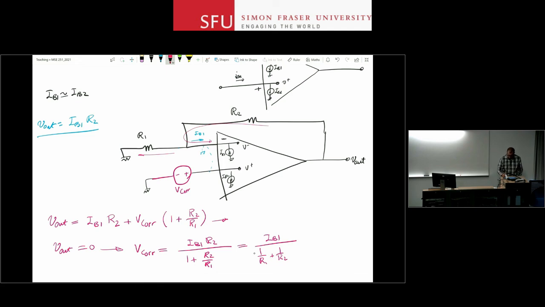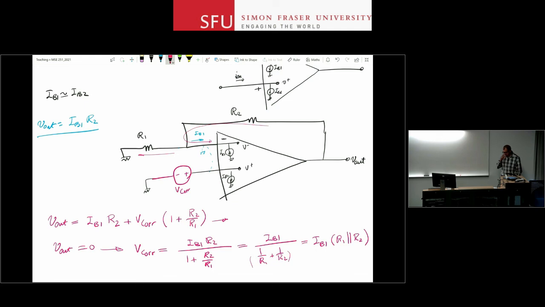And this should ring a bell. It's as if I have a combination of two parallel resistors. So the value of V correction should be this much. Okay? So this is how much voltage I should apply there to produce that correction voltage that I need in order to make the output zero for that which came from the input bias current.